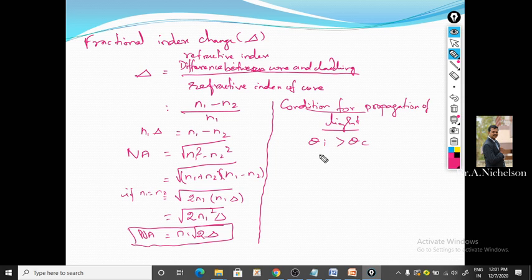That is the main thing. So sin theta I should be greater than sin theta C. This is the condition for propagation of light.